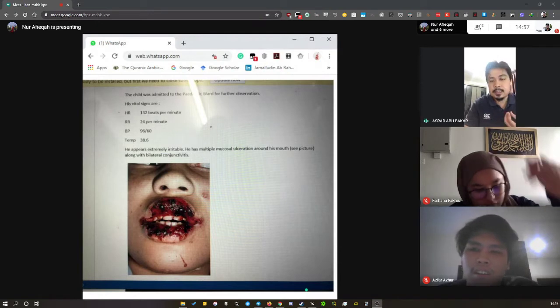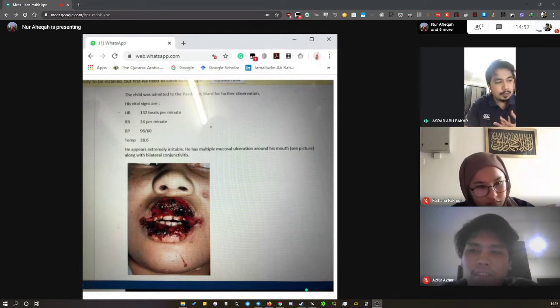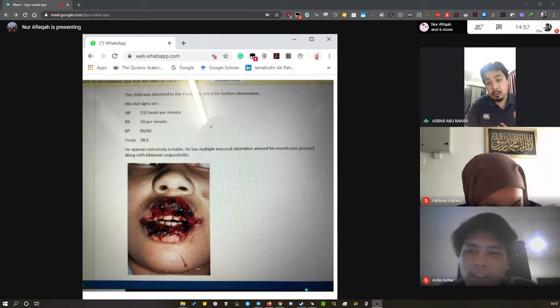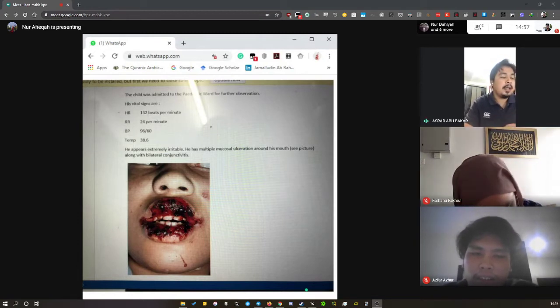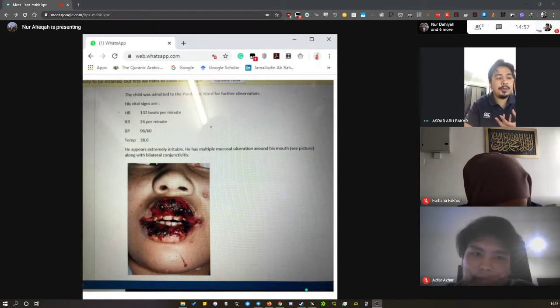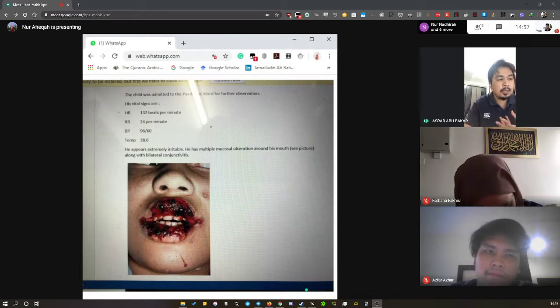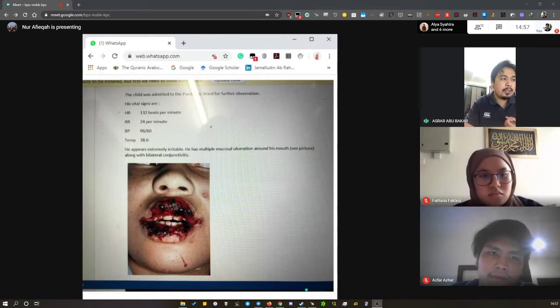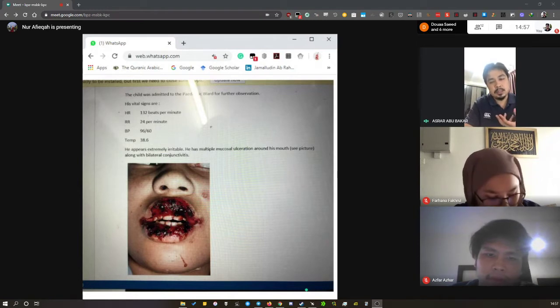You get bleeding that's indicating breakdown of tissues. So you can call this mucositis, if you want to give it a name. We cannot quite appreciate the tongue. The other thing you want to look at is whether it's strawberry colored, whether it's inflamed as well. I don't think we can quite appreciate the conjunctivitis, but according to the history, this child has bilateral conjunctivitis as well.